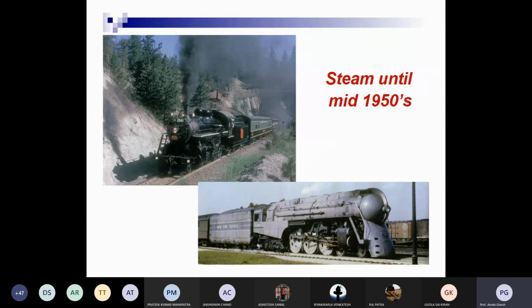Why are gauges important? Basically, gauge means the distance between the two wheels. If all the railways are not in the same specifications, if the wheel specifications are different, then the load carrying capability of the wheels will also be different.